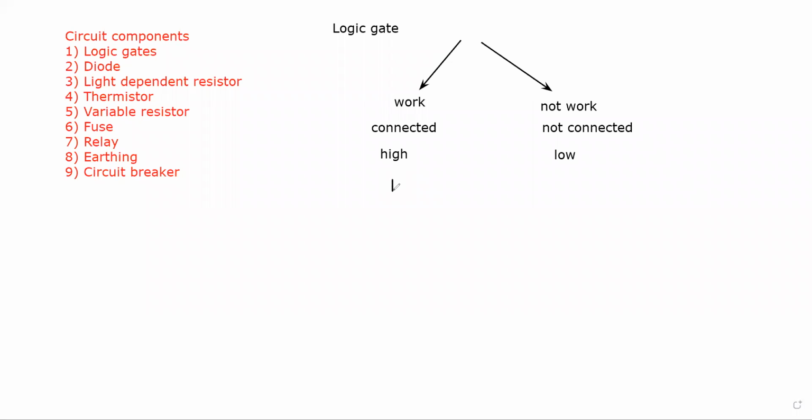Or we can also say 1 if it is working, and 0 if it is not working. And if a circuit is working, we say it is a closed circuit. And if it is not working, we call that an open circuit.